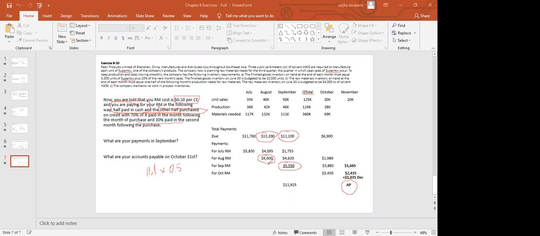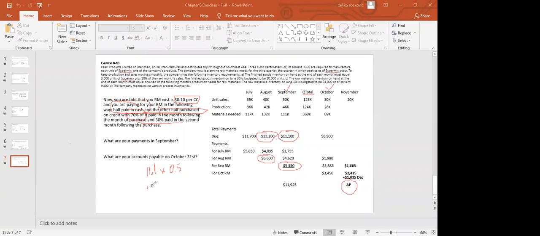And then of the other 50%, how will I pay for those? Well, 70% I will pay in the next month, meaning in September, and 30% of those 50 I will pay in October. Okay, so now you have to be careful.